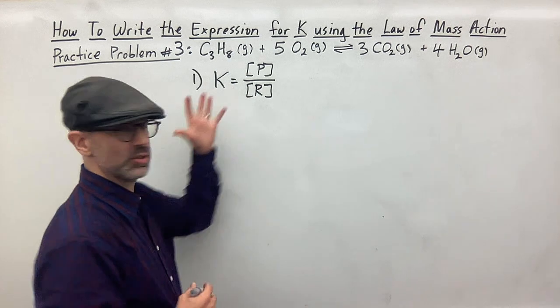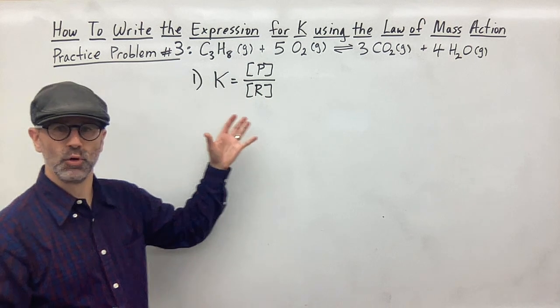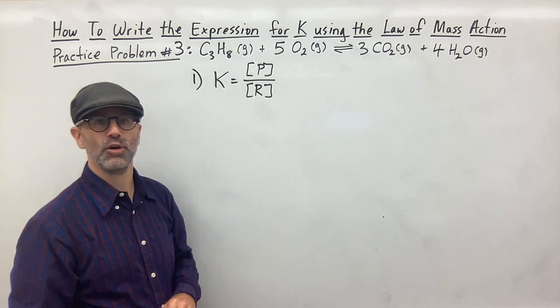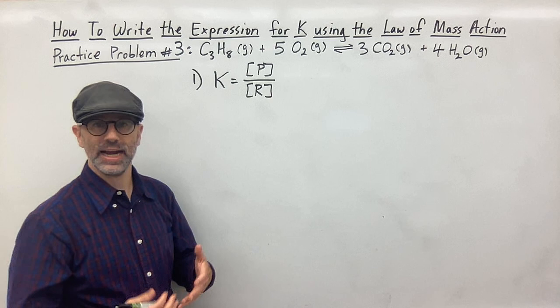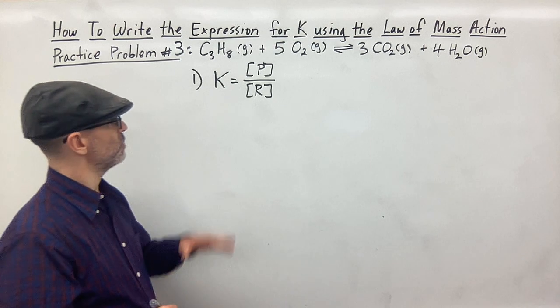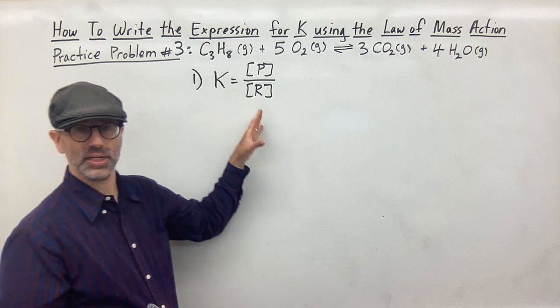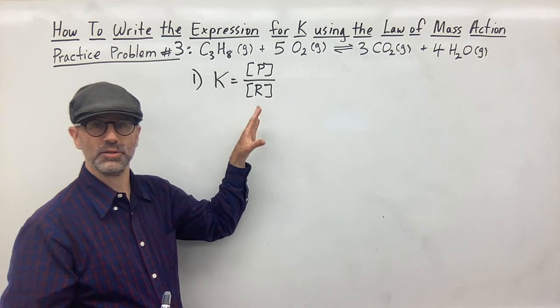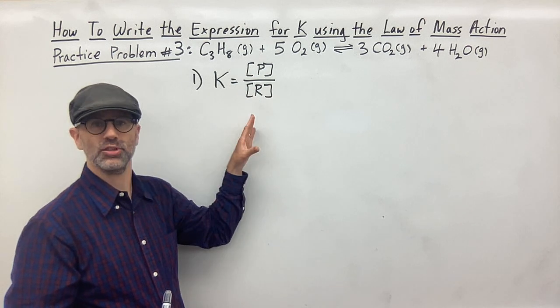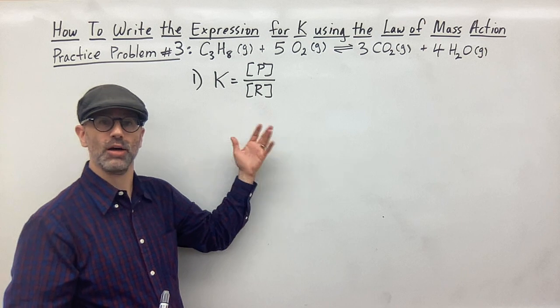I talked a little bit more about this in more detail in another video, so if you want to check that out, please do. So that's the first thing. It's products over reactants. But in addition to that, the concentration of each product and reactant is going to be raised to the power of the coefficient.